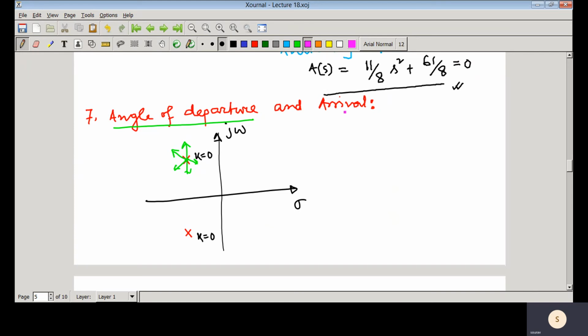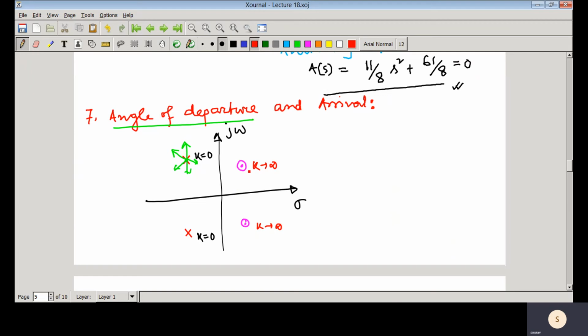The same thing happens whenever we have, suppose, two complex conjugate zeros. Whenever k tends to infinity, the root locus reaches the open loop zero.